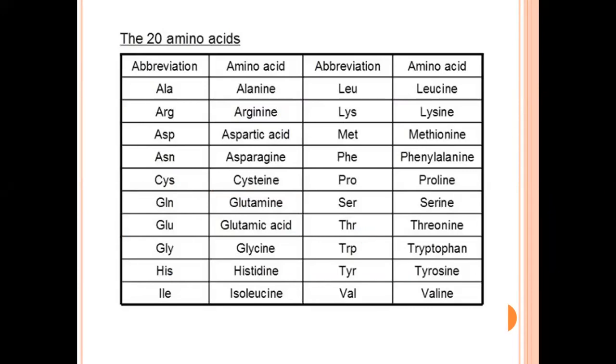However, the acidic proteins mainly contain glutamic acid, and there is one more, aspartic acid. These two are known as acidic amino acids, and they impart the negative charge to the protein. Is it clear?